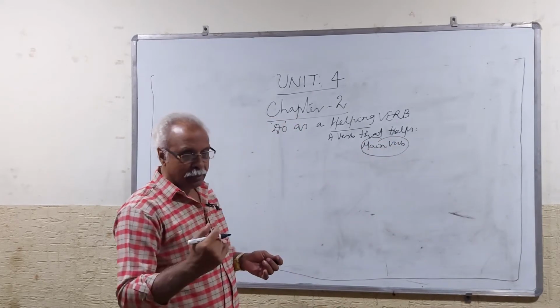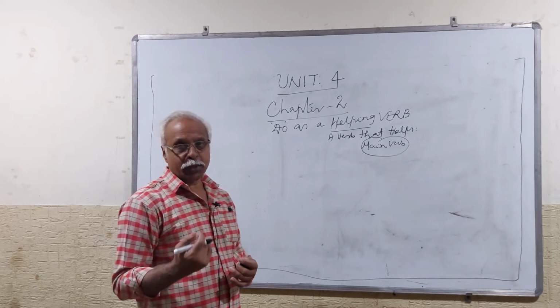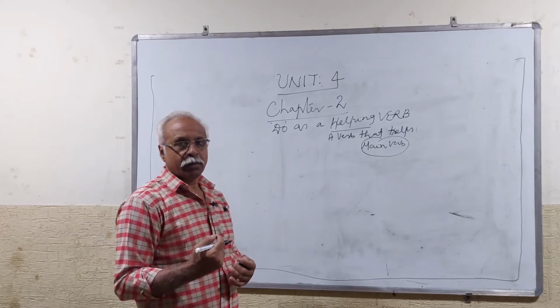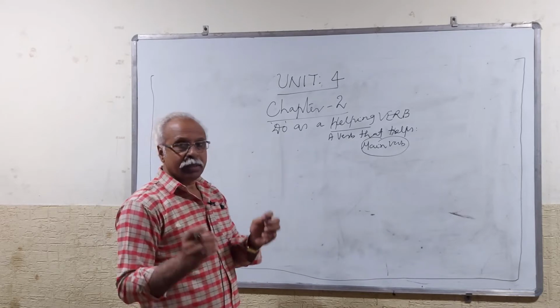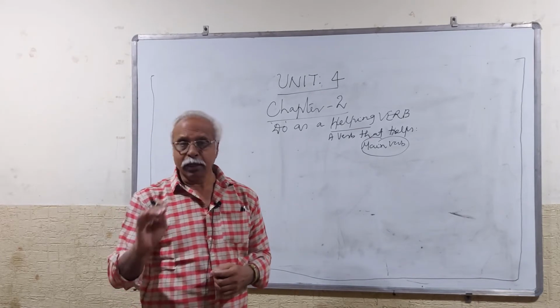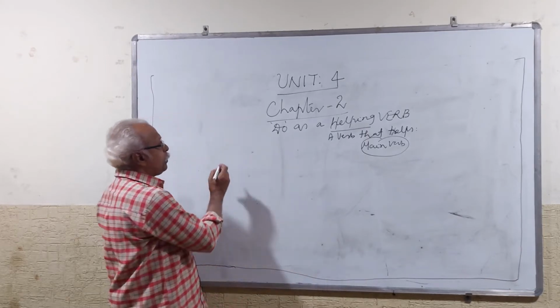So any verb that helps the main verb, or some people like to call it chief verb or principal verb, so any verb that helps main verb becomes an auxiliary verb, technical name, and general name is helping verb. I hope I'm clear.